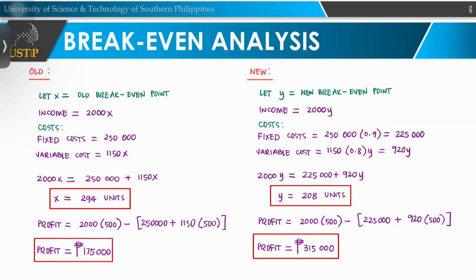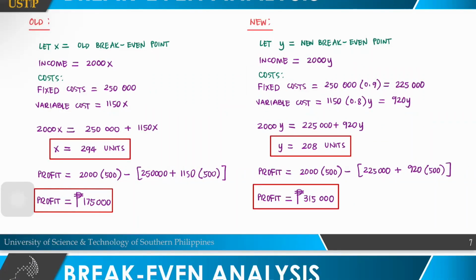And then again, equating that, we have 2,000 y, which is the income, equals 225,000 plus 920 y. So we'll get a y that is 208 units.